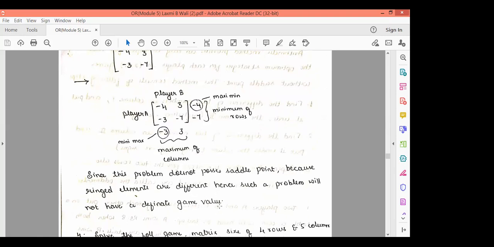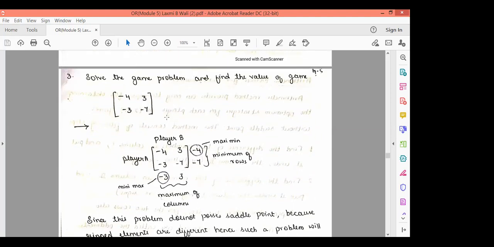We don't have a saddle point because maximin and minimax are not matching. If there is no saddle point, you are not going to get a definite solution for that particular problem.